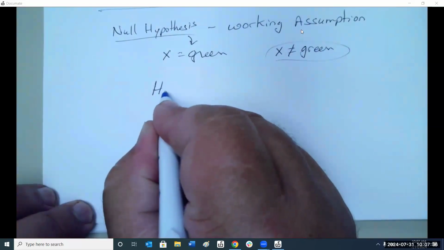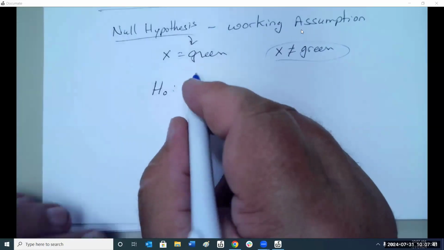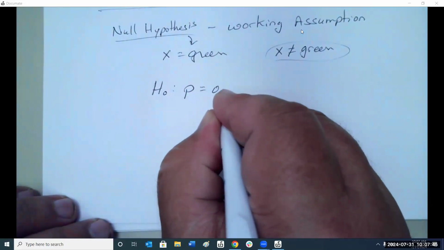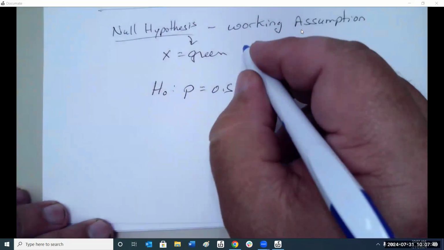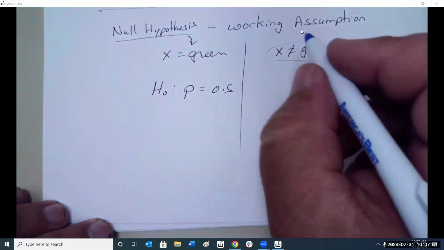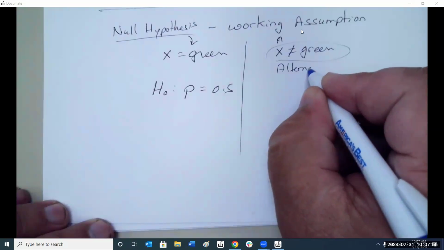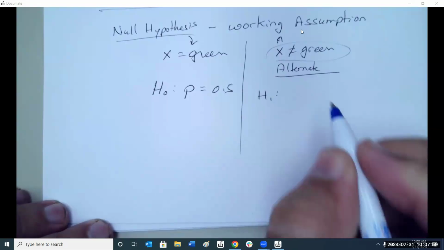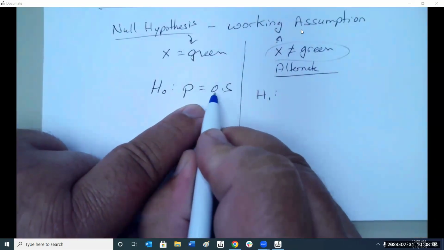So our null hypothesis, in our first example, we had the internet with proportion being 0.5. That's the null hypothesis. The alternate hypothesis, which is H1. How can we counteract that?